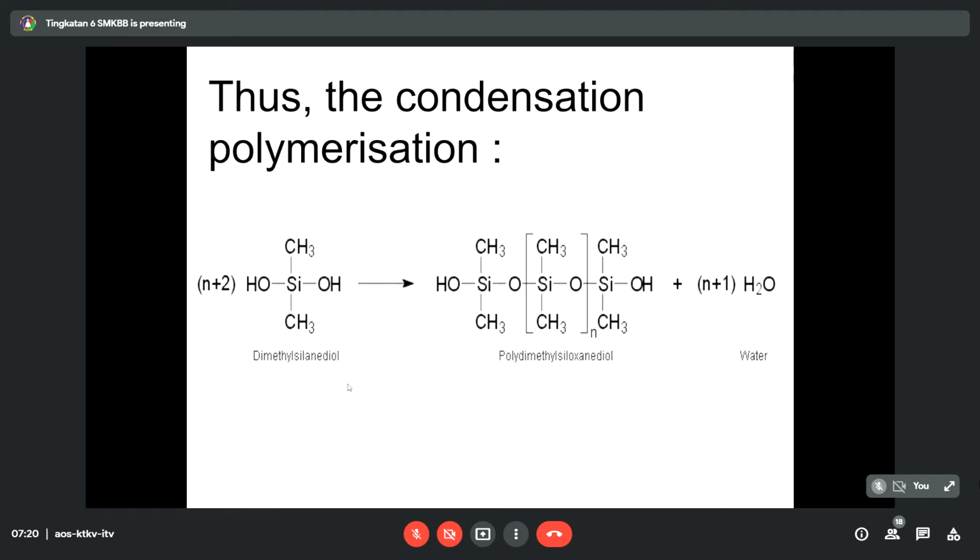So basically the formation of silicone involves 2 steps. The first step is that dimethyldichlorosilane undergoes hydrolysis. Then the product from there would undergo condensation polymerization.